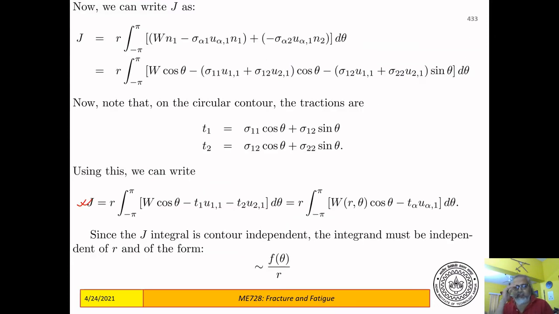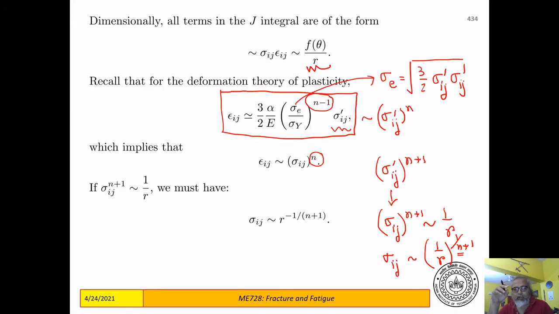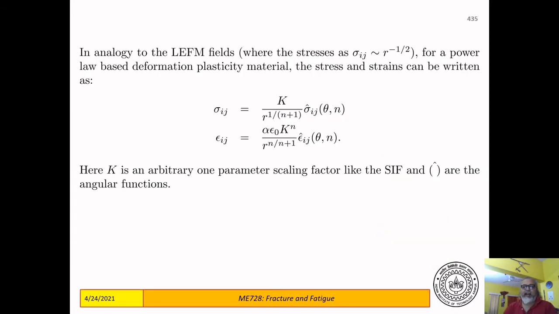In analogy with the Williams solution, we can assume that sigma ij will depend on an angular function and on a function of r which goes as r to the power 1 by n plus 1. And epsilon ij, remember, is sigma ij to the power n. So epsilon ij now will go as r to the power n by n plus 1.